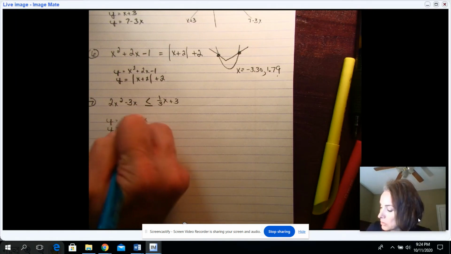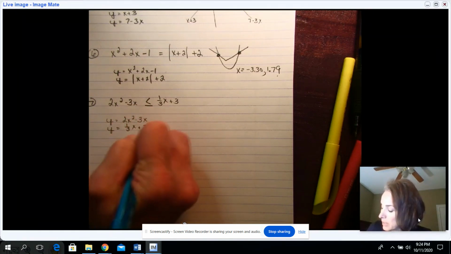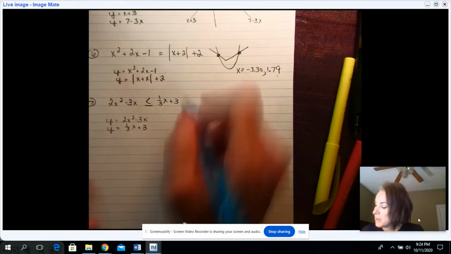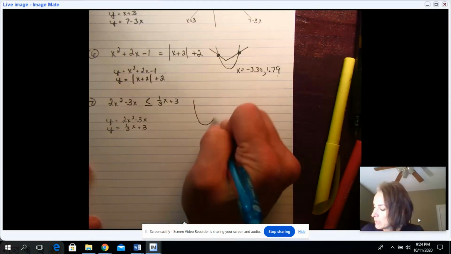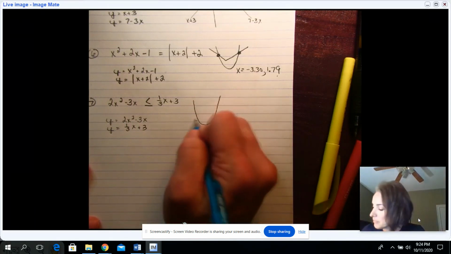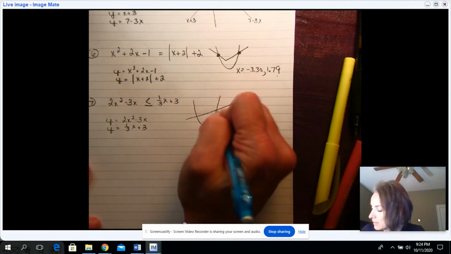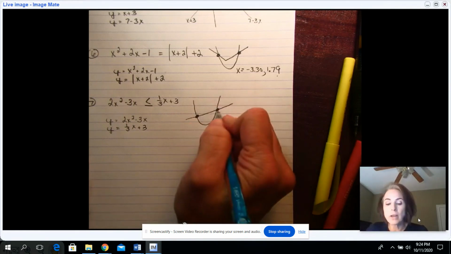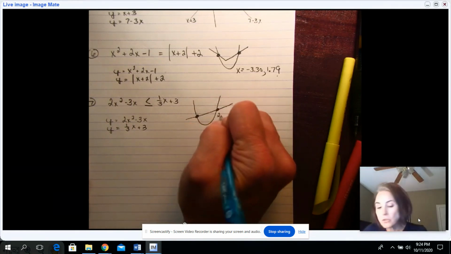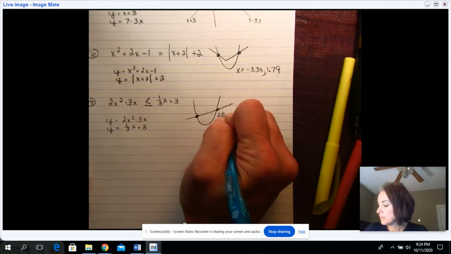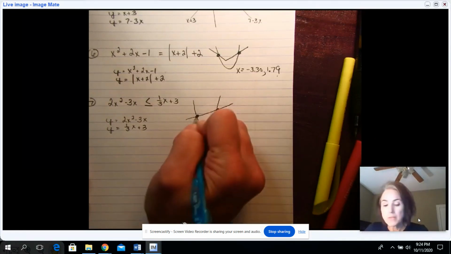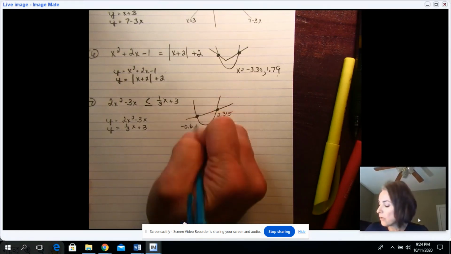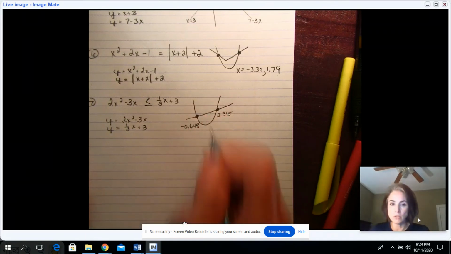And then y equals 1/3 x plus 3, I know that's a positive linear equation. But I've already done the work, so I put it in Desmos, and I have a parabola, and here I have this line. And here you have your intersections. But I want you to see this. This x value right here is 2.315. And this x value right here is negative 0.648.